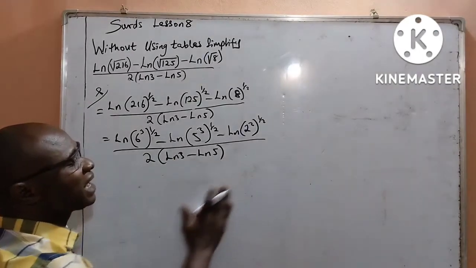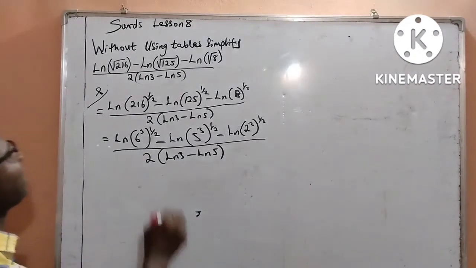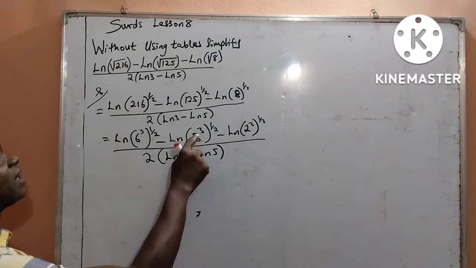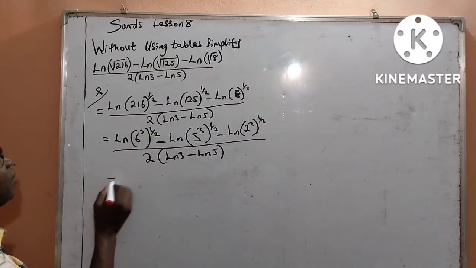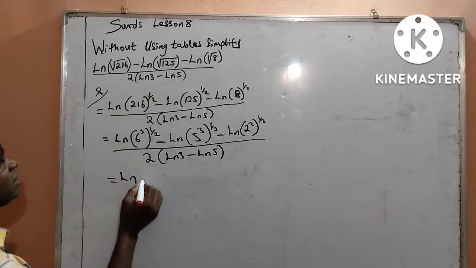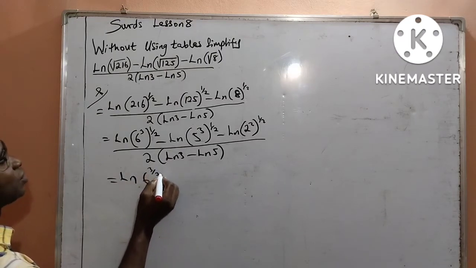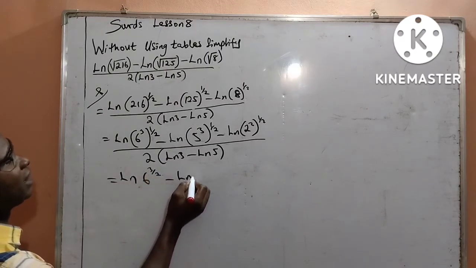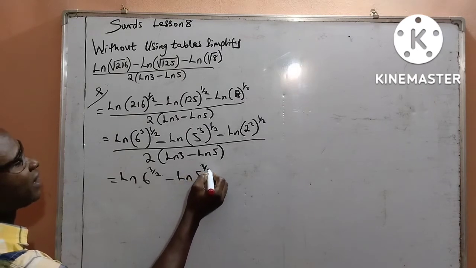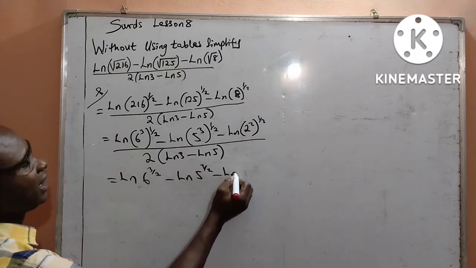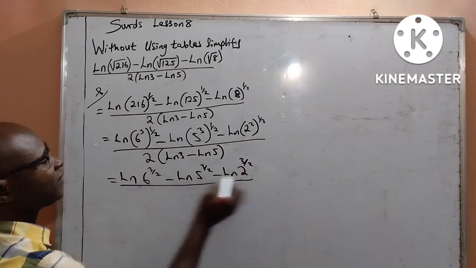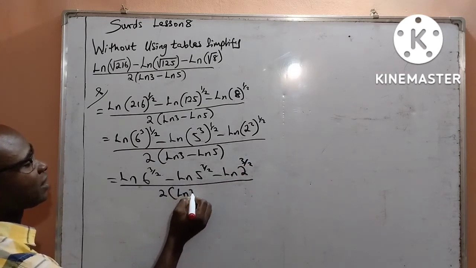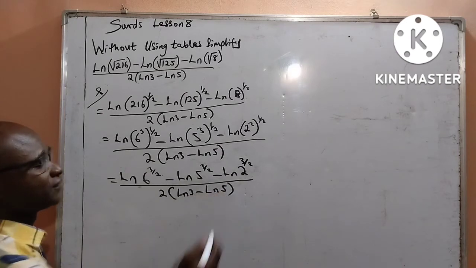So I apply that at the numerator, and that means 3 will multiply half, leaving me with ln 6 raised to power 3 over 2 minus ln 5 raised to power 3 over 2 minus ln 2 raised to power 3 over 2, all divided by 2 into ln3 minus ln5.